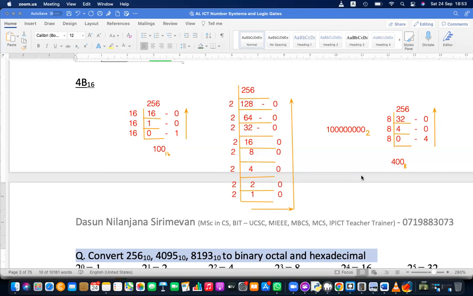I have a doubt. I got a question. When they ask like this, how to write 3EB base 16? Your question is not really clear. If you want to write 3EB, it's like this.